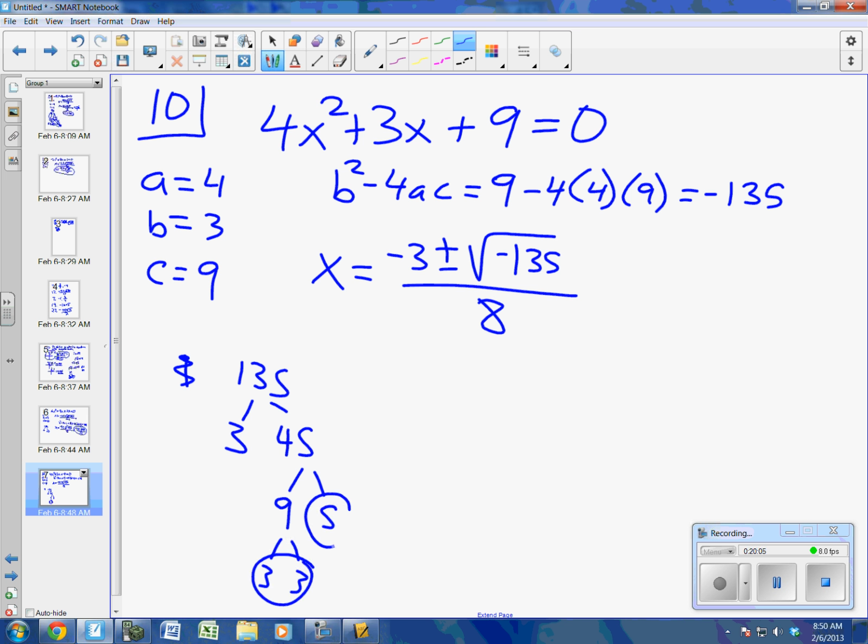We've got a pair of 3s, a loner 5, a loner 3. What's that going to make? 3 square root of 15. So we have negative 3 plus or minus 3 square root of 15. Oh, I forgot something. What did I forget? Where does it go? After the 3. 3i square root of 15.